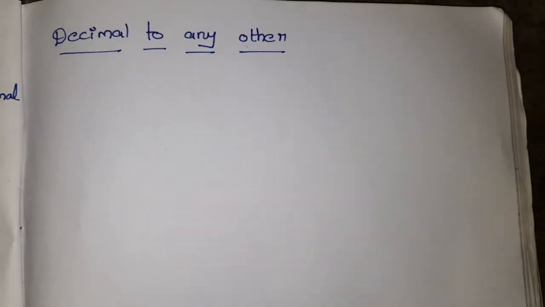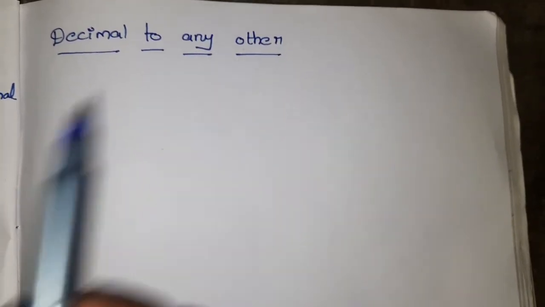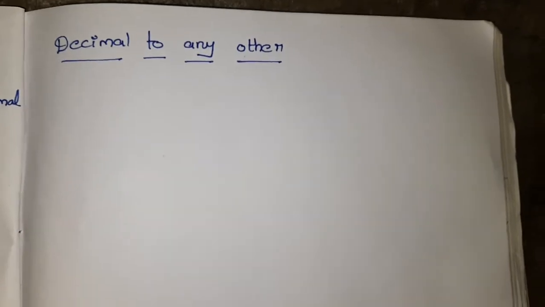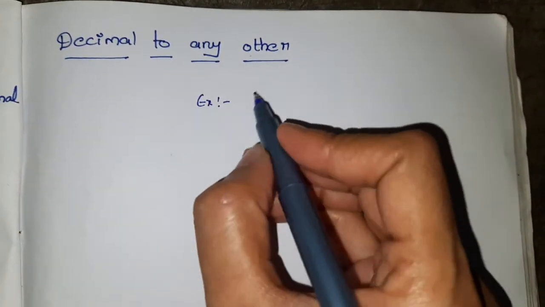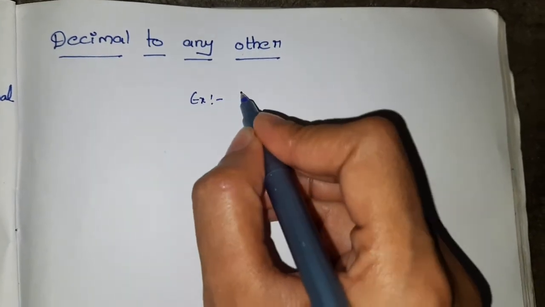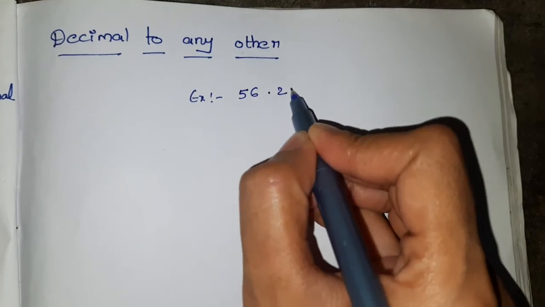In this lecture, we will see one example relating to decimal to any other number system. So, decimal to any other number system. Here I am taking the example 56.25.